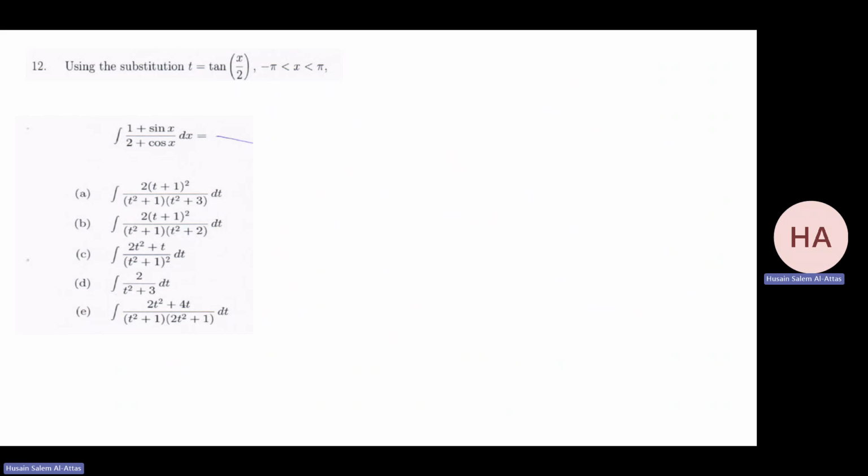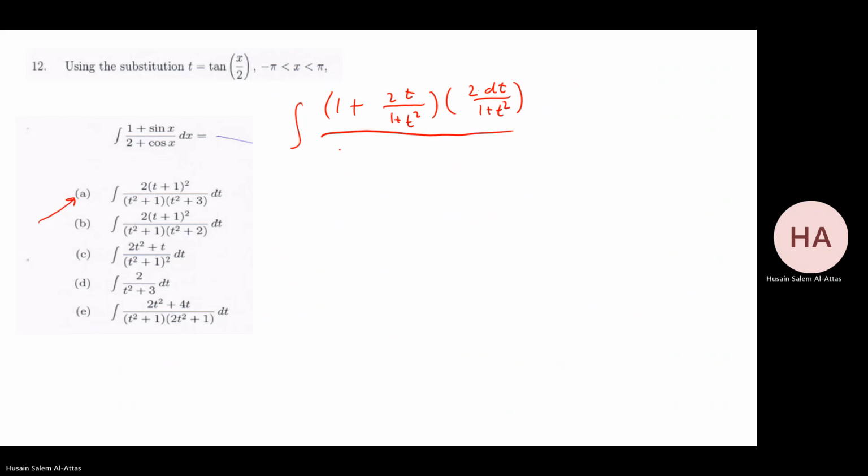Same thing here. I don't want to do the calculation, just change it into t. So I have 1 plus 2t over 1 plus t squared. Then all of this, don't forget, multiplied by 2 dt over 1 plus t squared, over 2 plus 1 minus t squared over 1 plus t squared.